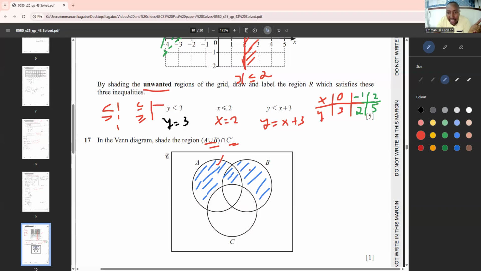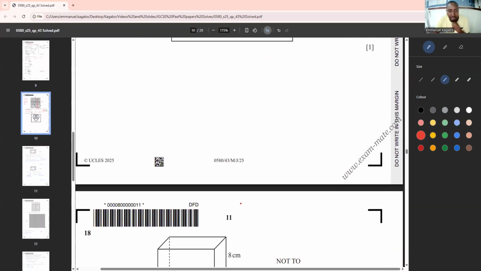It will be only this. Okay? So if you want to understand the details, listen to what I'm going to say. You first work out A union B, work out C complement, and then you find the common part. Because this time around, it is intersection. Because for intersection, you have to look for the part shaded for A union B and the part shaded for C complement. Very good. Okay?